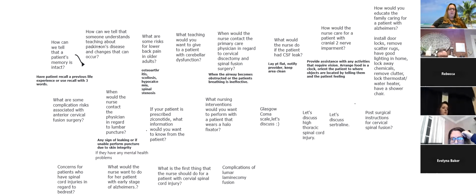How can we tell someone understands teaching about Parkinson's disease and changes that can occur? So what can you tell me about Parkinson's disease? What do these folks do?